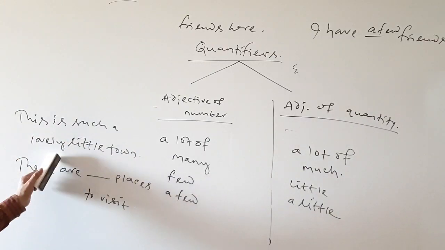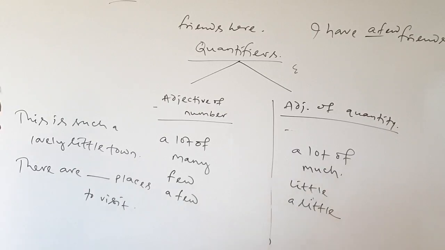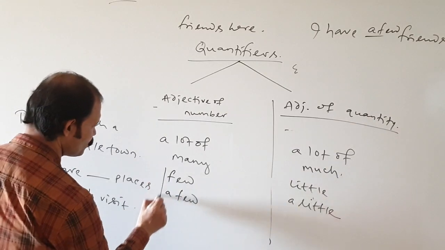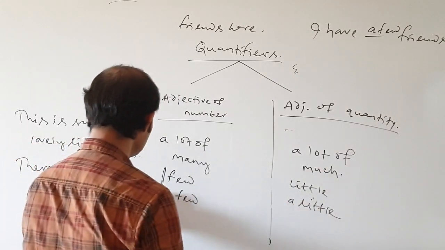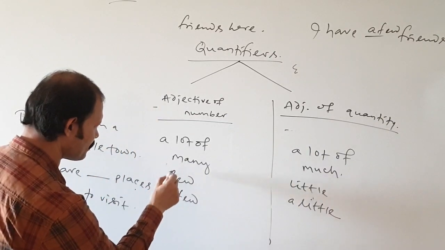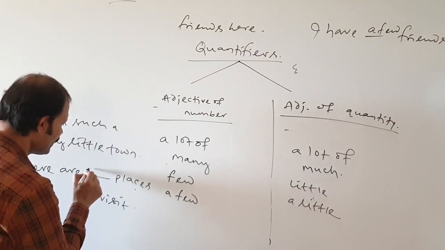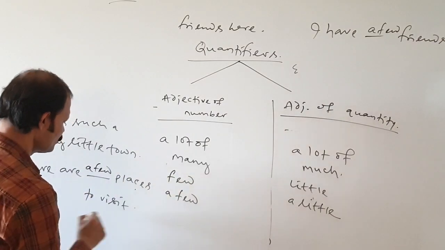Now this is such a lovely little town, so this sentence definitely says something in a positive way, and you have to select from few or a few. Because places is a countable noun, you have to select either of them, few or a few. Then in this case it should be: there are a few places to visit.